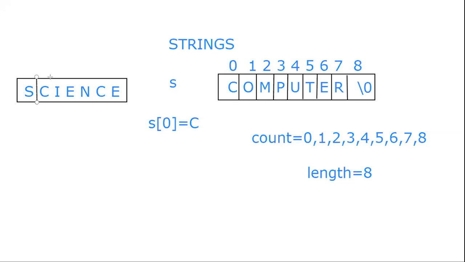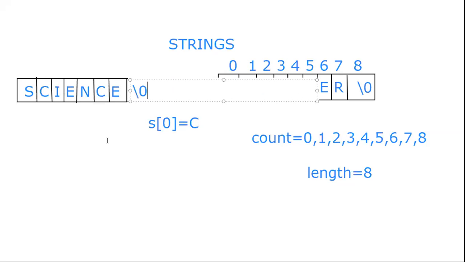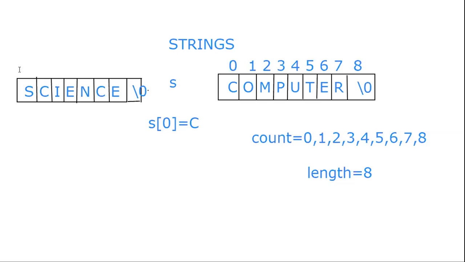Let me draw this. So S, C, I, E, N, C, E, and we also have a null character, right? What is the first index?